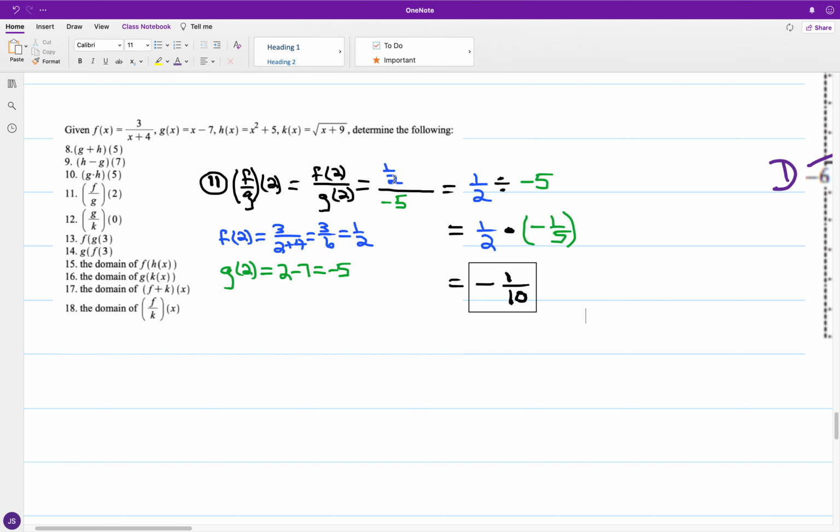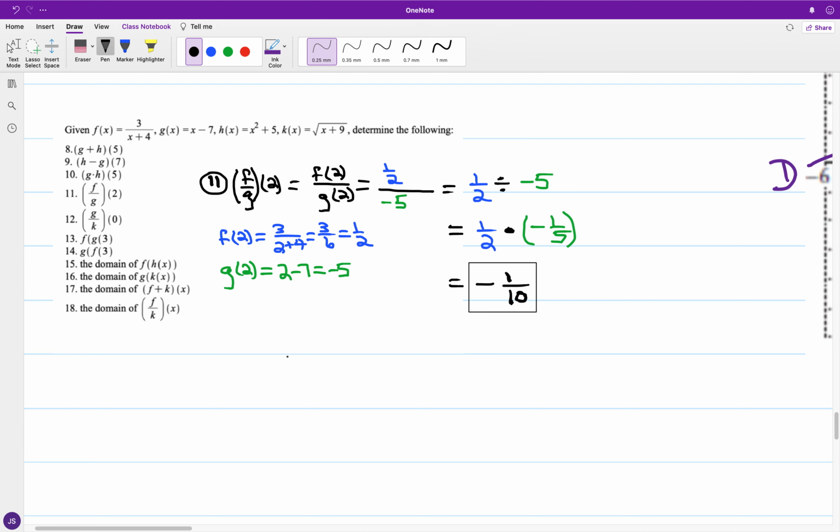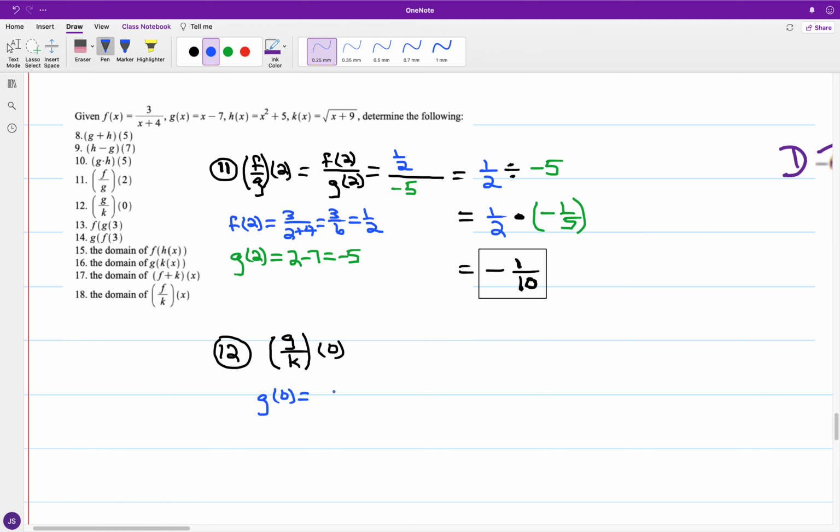Okay. Now for what we have in the rational function, here we have g over k of 0. So this is our first item with the function k involved. Now for g of 0, we have 0 minus 7.